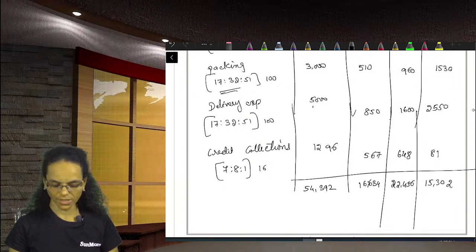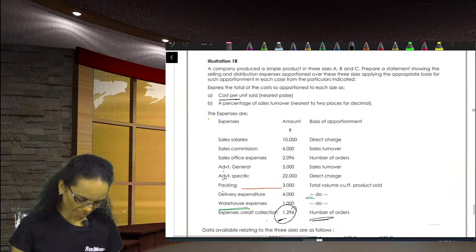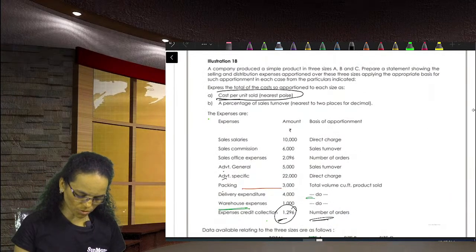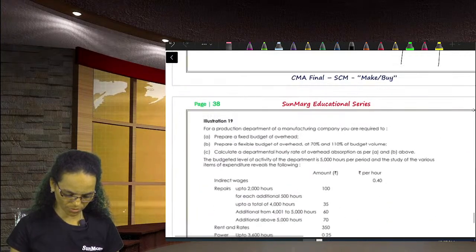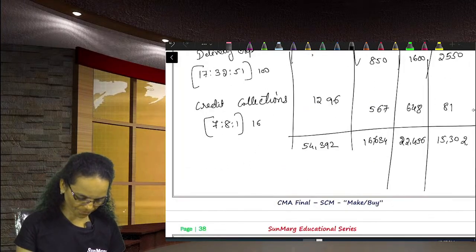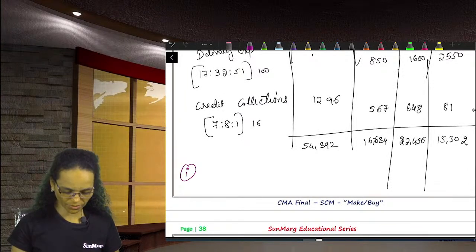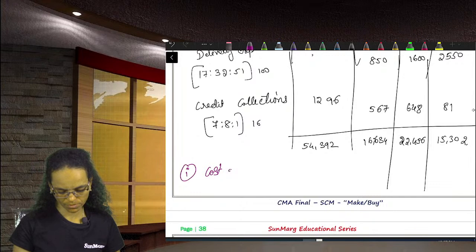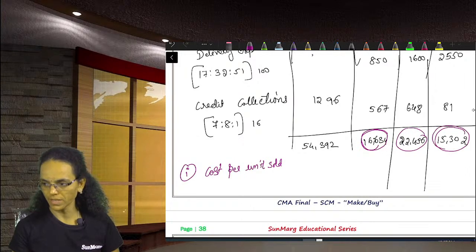Okay, here what they are asking? Cost per unit sold. First we need to calculate cost per unit sold. We have 3, right? For the A size, B size, C size, these are the expenditure.